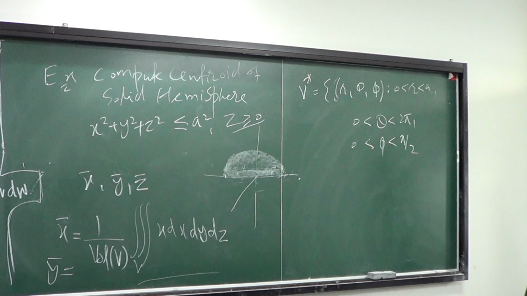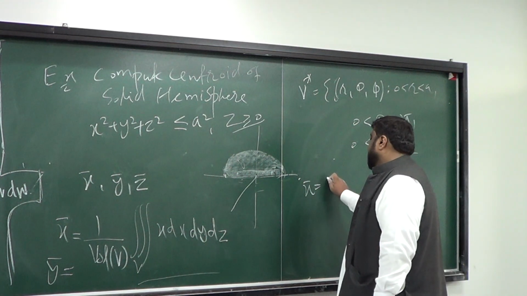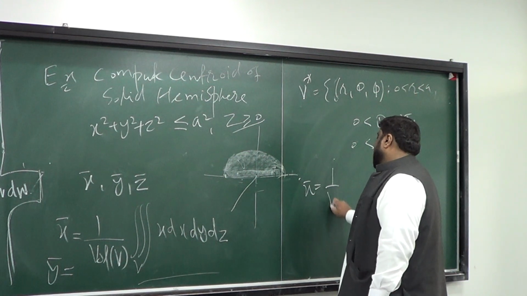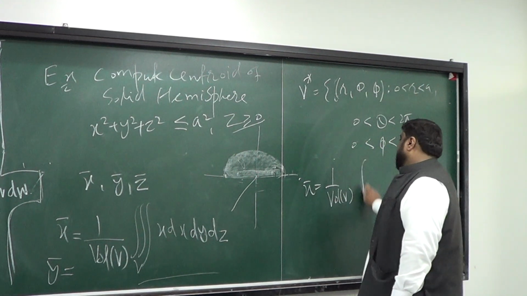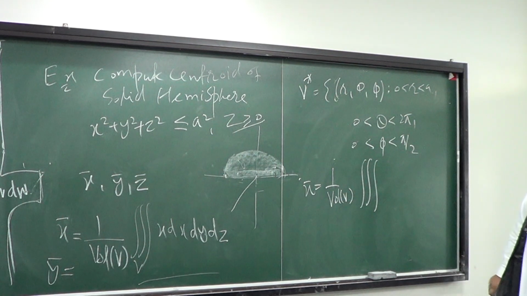Okay? And then you say what? The x bar is going to be now 1 over volume of V, the triple integral. X turns out to be what in spherical coordinates?